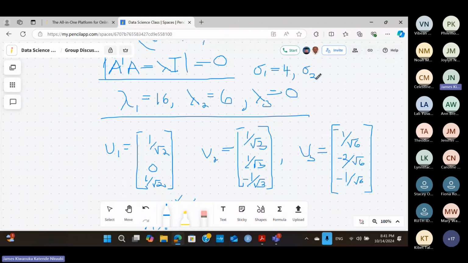Sigma 2 will be the square root of 6. Is that correct? Yeah, I think so. If I wrote this correctly, it should be the square root of 6. We don't need sigma 3 now, but if you must write it, then that will be 0.